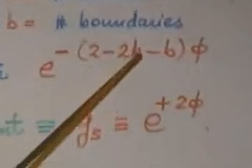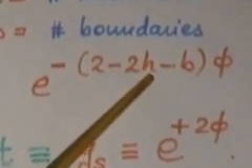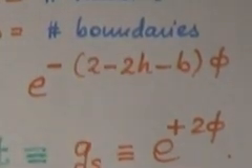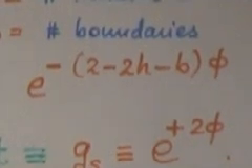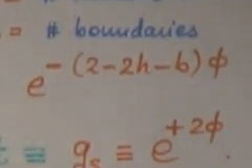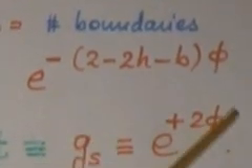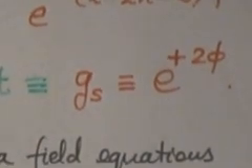And this factor, as you can see, has a power in it, which is h, the number of loops. So in fact, this factor, if I ignore the boundaries for the moment, counts the number of loops in the amplitude. And that's, in a sense, by definition, what we mean by the string coupling constant. So the string coupling constant is nothing but the exponential of the dilaton in some normalization.